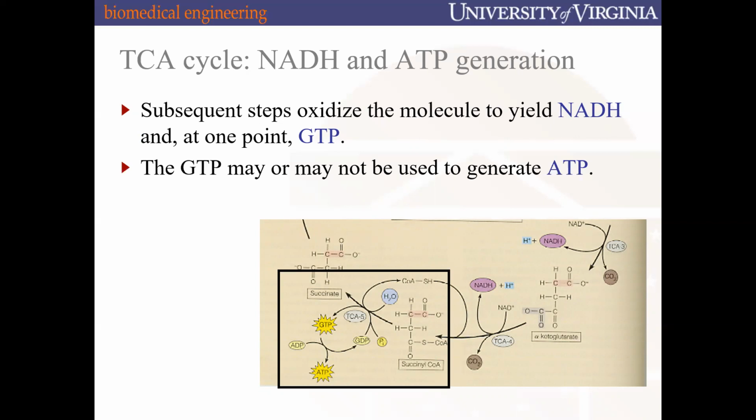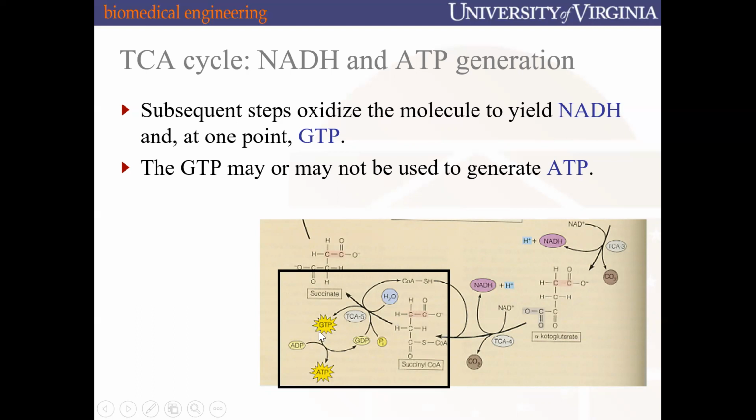What's important here is that as we arrive at succinyl coenzyme A, we're generating a GTP molecule, a guanosine triphosphate. In this reaction, we first see the cleavage of the thiol coenzyme A group right here. This releases a large, significant amount of energy that is coupled to the substrate level phosphorylation of ADP.